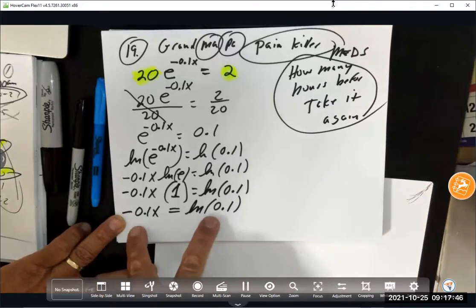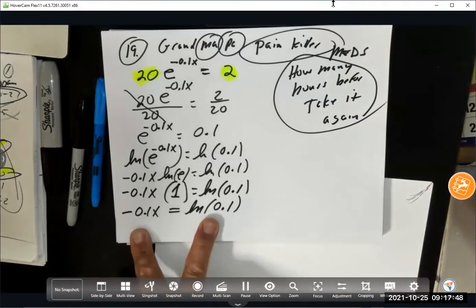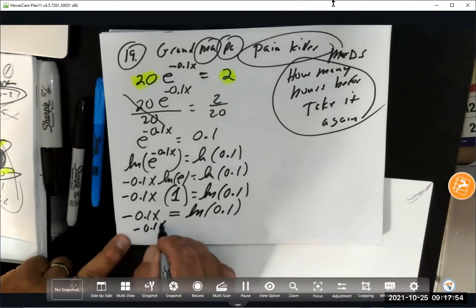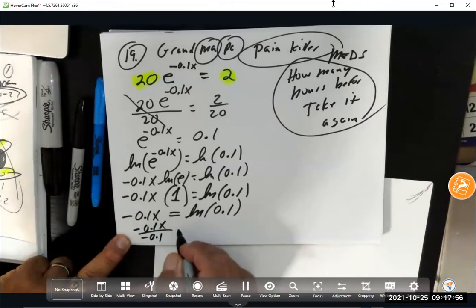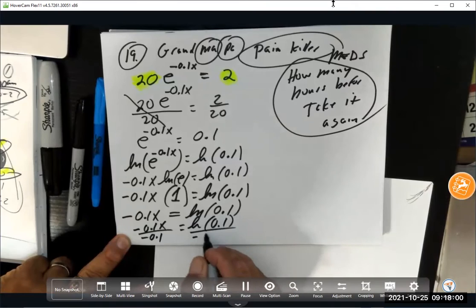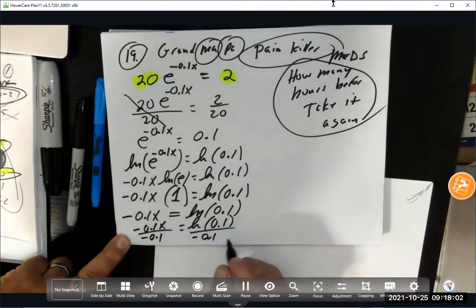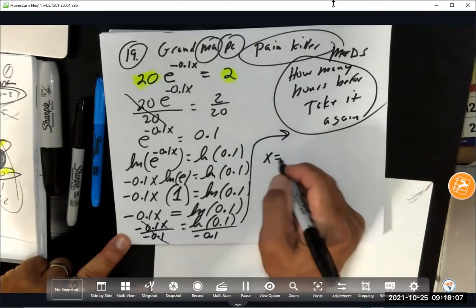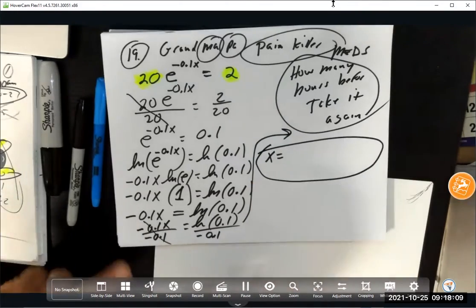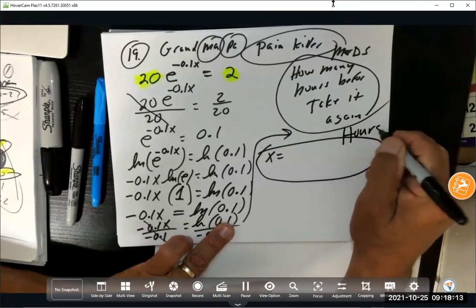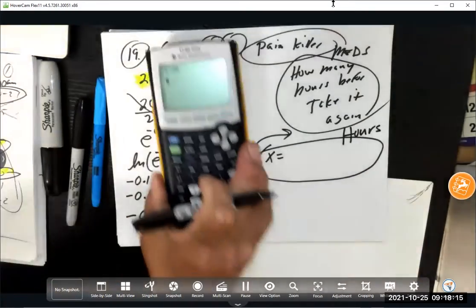Okay, so now I'm going to have to divide both sides by, you tell me what? Negative 0.1. Exactly. Little minus sign, negative 0.1 right here, and negative 0.1 right here also. So now I know these guys are gone. Now you're gonna have to use your calculator skills. So here's the answer. How many hours are gonna have to go by before grandma has to get more meds in her body?